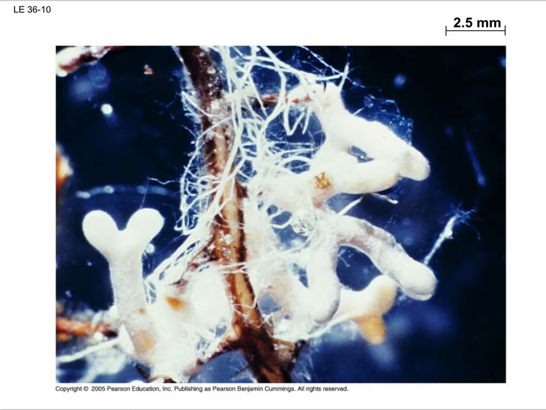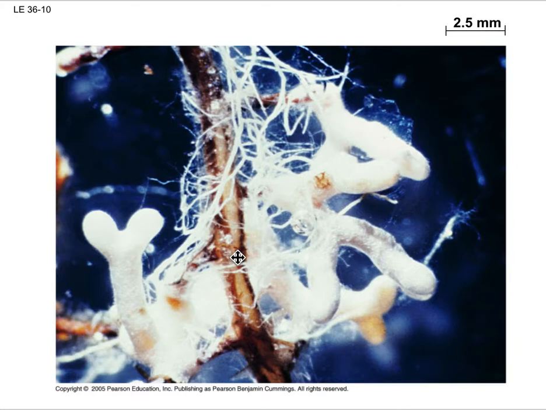If you look at this, the white stuff here is all fungus, and then the other stuff here is plant tissue, and this is a plant root tip, so a plant root hair that's covered with mycorrhizal fungi. And the point here, if you look, what would you say the difference is between the white mycorrhizal fungi and the plant root?